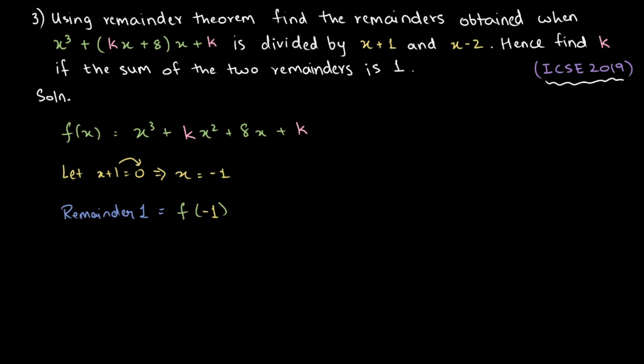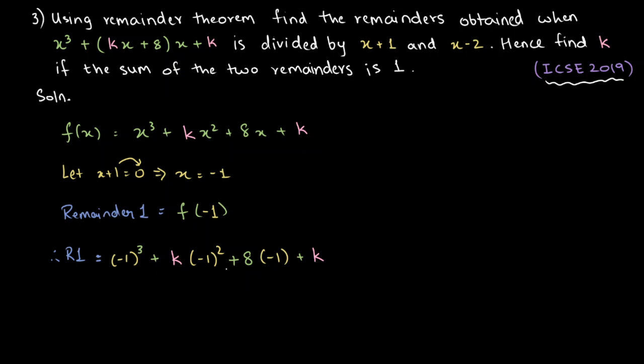So remainder 1, let's take it as r1 for now. Therefore remainder 1, r1, is equal to f of minus 1. So instead of x, I put minus 1 all around, so it becomes minus 1 cube plus k into minus 1 square, right, plus 8x, so 8 into minus 1, plus k, the variable at the end, right?